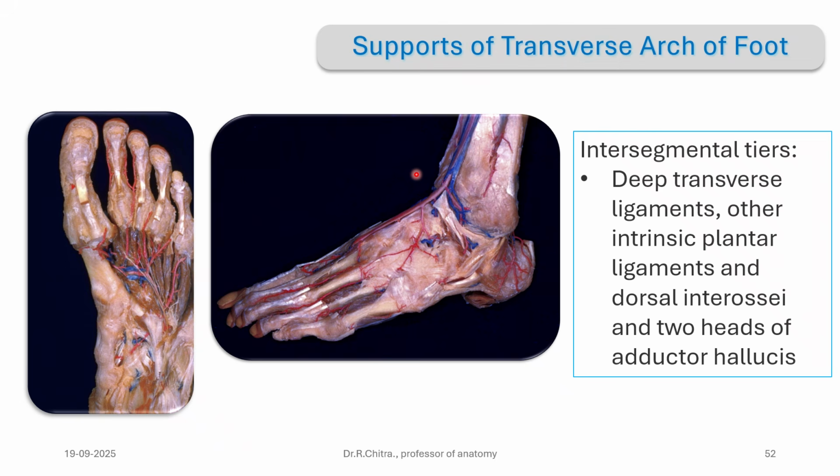So now we have completed the supports of the longitudinal arches. Now we will see the supports of the transverse arches. So transverse arches, mainly the students should remember the metatarsal bones. So what are the muscles in between the metatarsal bones? Interossei muscles. They act as intersegmental ties, and also the adductor hallucis.